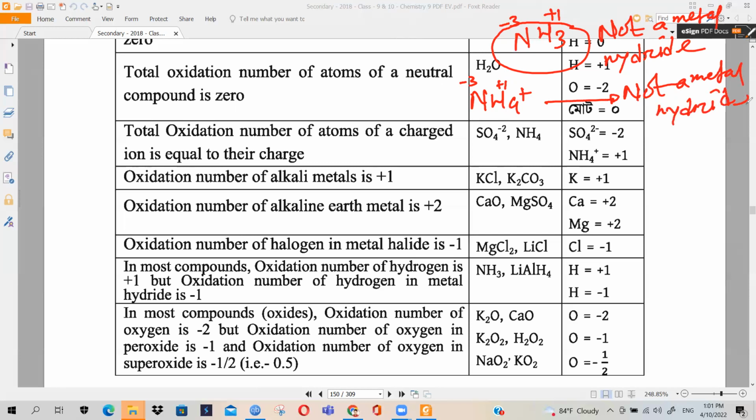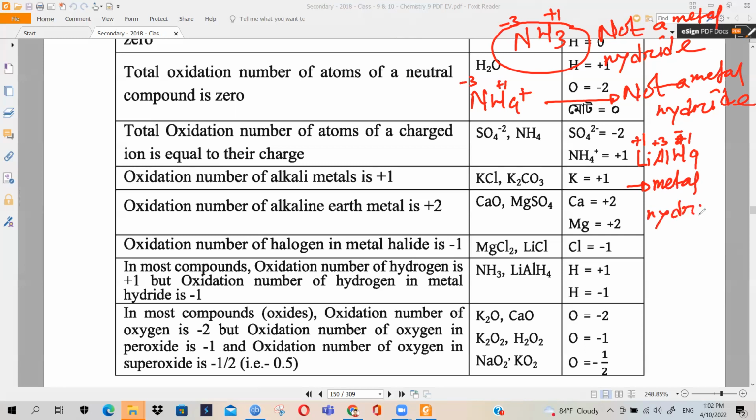But in the case of, say, lithium tetrahydroaluminate, LiAlH4, it is -1 for hydrogen, +3 for aluminum, and +1 for lithium, because it's a metal hydride.